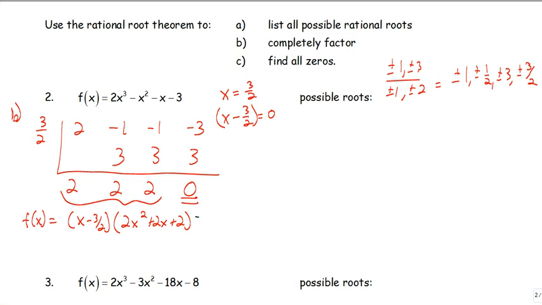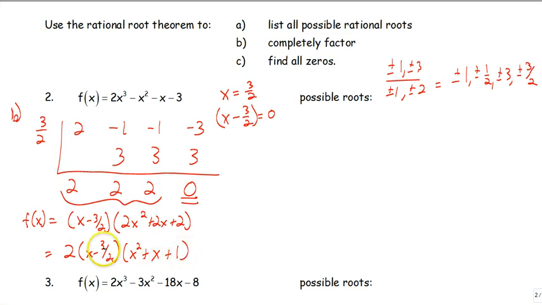We're not done yet though, because first of all, we do not like factors with fractions, and this can be factored out. So here's what you do. Take the 2 out of this. So we have 2 times the quantity x minus 3/2 times the quantity x squared plus x plus 1.